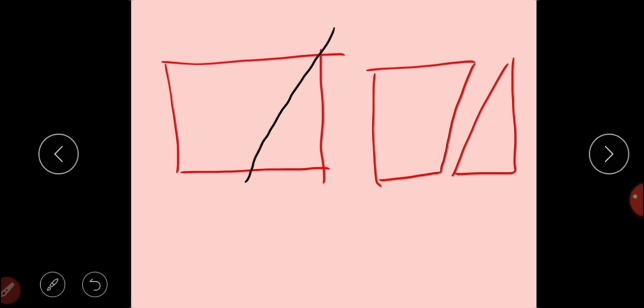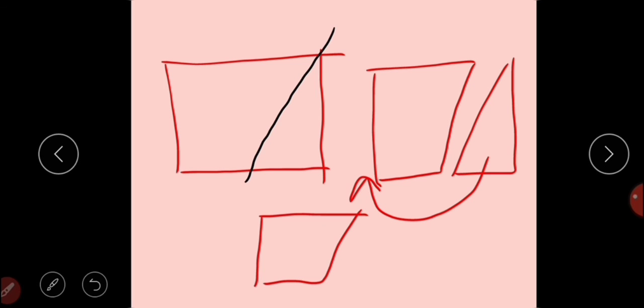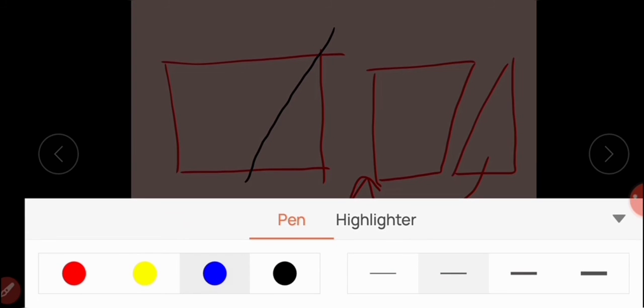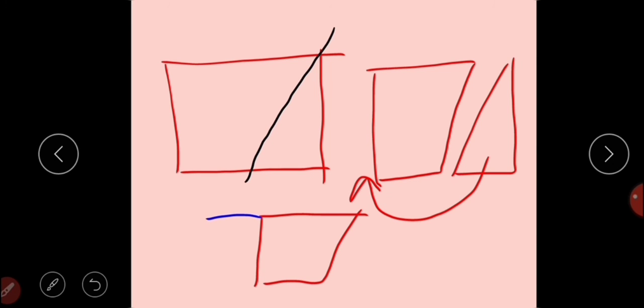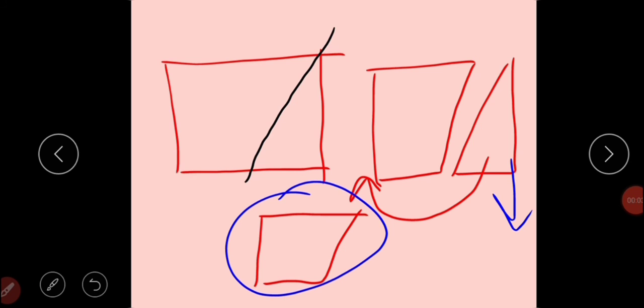So what happened is basically this right angle triangle was taken in front of the shape and was stuck with the glue in front of this, so in front of this incomplete rectangle.